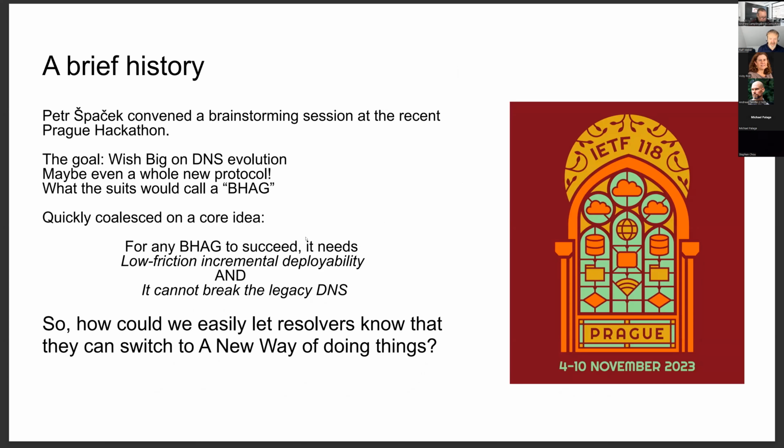This is pretty much what happened. At the IETF in Prague, Peter Špaček convened lots of people. I think he started talking to me about it at the DNS-OARC before, and really tried to get people to come to this event and talk about it. Then we sat over a big round table and discussed things.